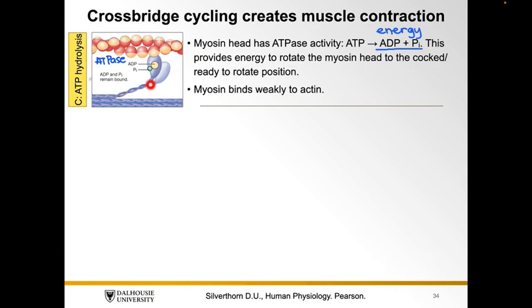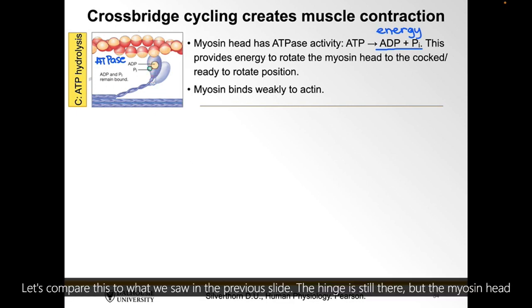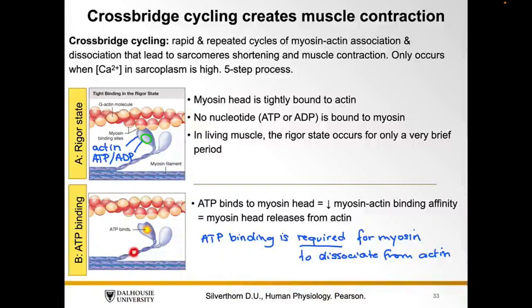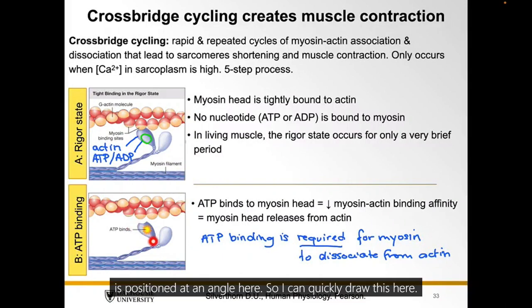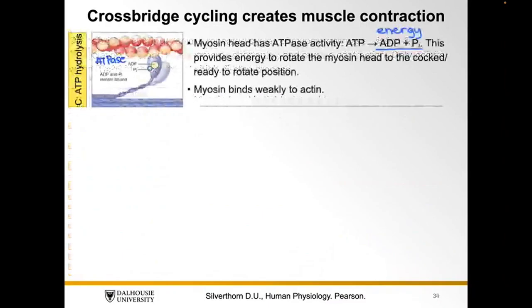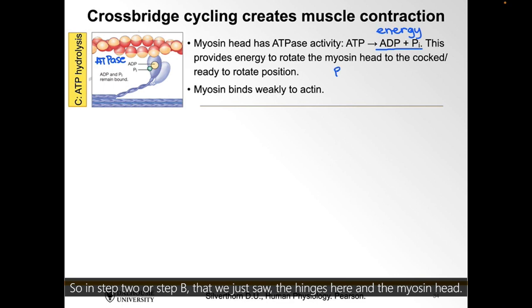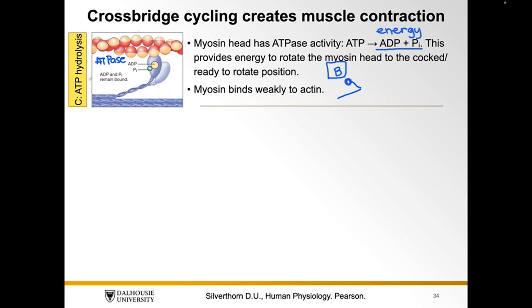Let's look at the angle of the myosin head here. So you can see the hinge here, and then the myosin head is almost upright. Let's compare this to what we saw in the previous slide. The hinge is still there, but the myosin head is positioned at an angle here. So I can quickly draw this here. In step 2, or step B, that we just saw, the hinge is here and the myosin head has an angle.